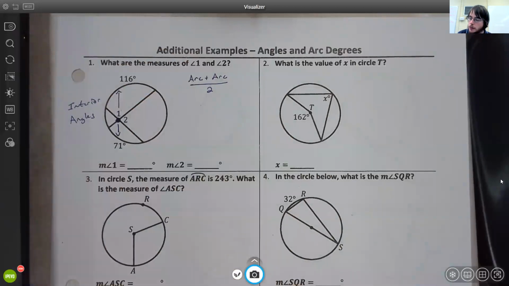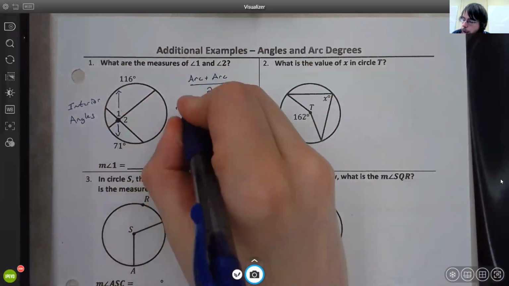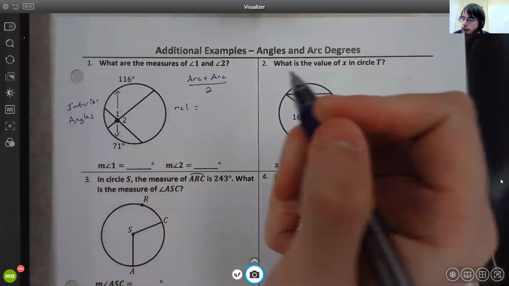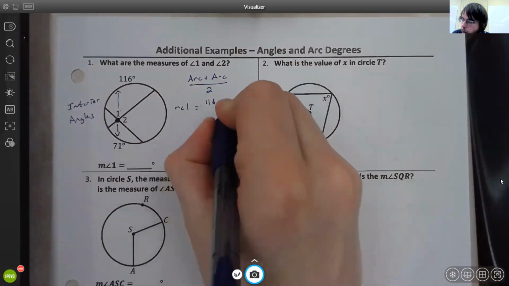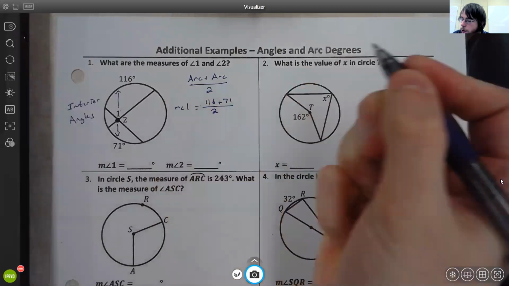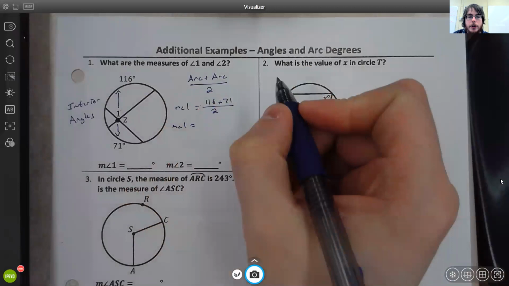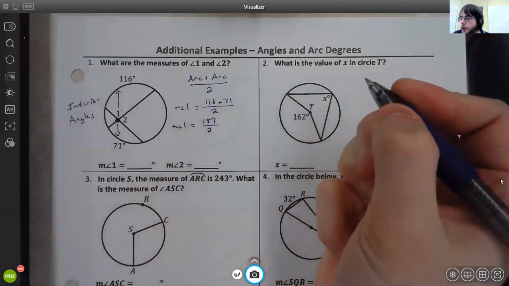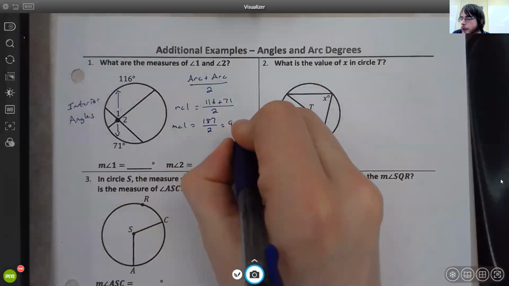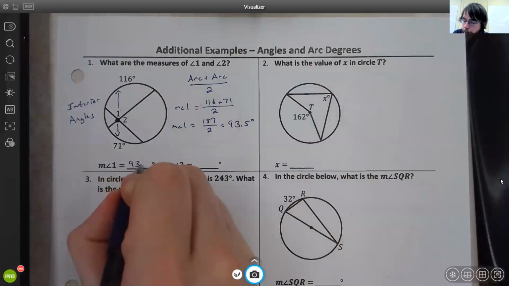So angle 1 is going to be equal to our two arcs added together, so 116 plus 71 divided by 2. That means that 116 plus 71 is 187 divided by 2. That gives us that the measure of angle 1 is equal to 93.5.